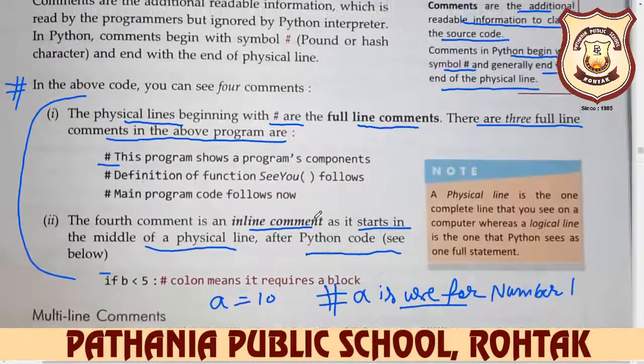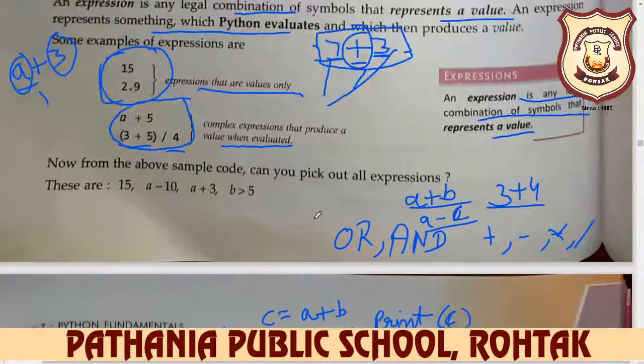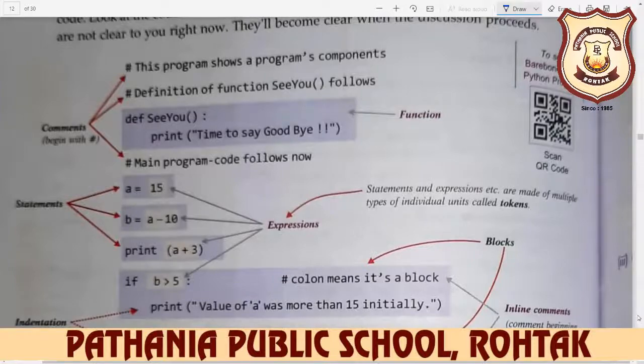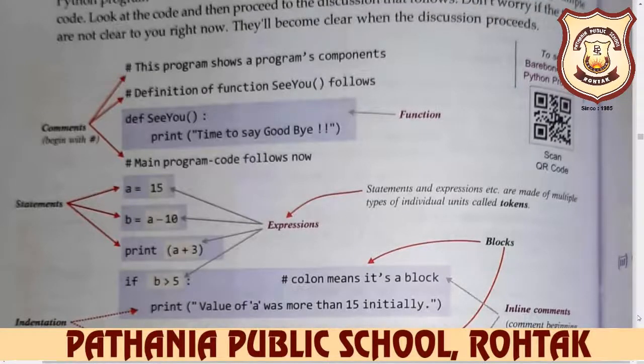Now we discuss the above example. Okay, see beta. In this program, how to write the program we learn later, but you just learn here the 5 components of your Python program. Lines with the hash sign mean these are comments. This program shows a program's components, definition of function. You can write anything here.